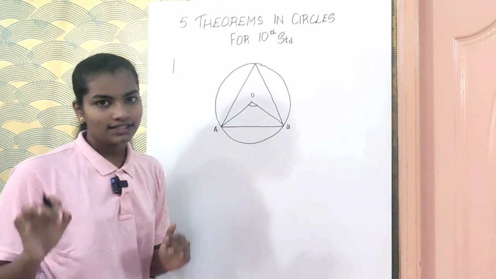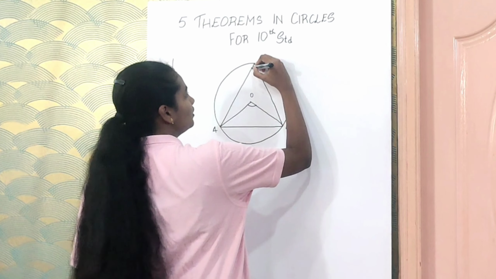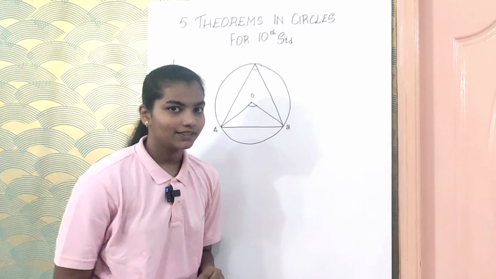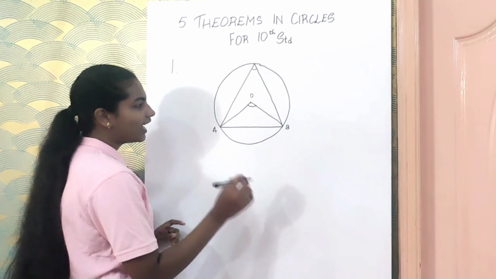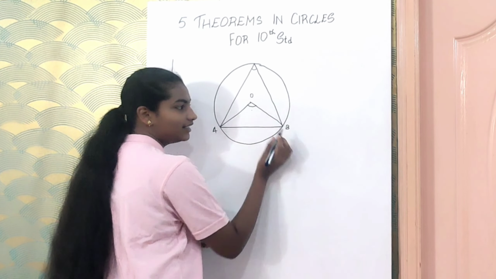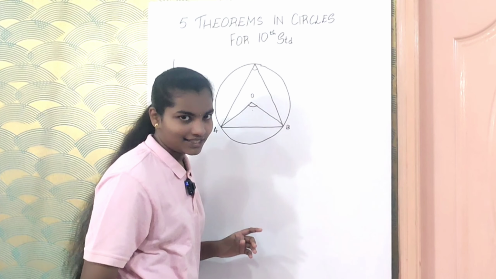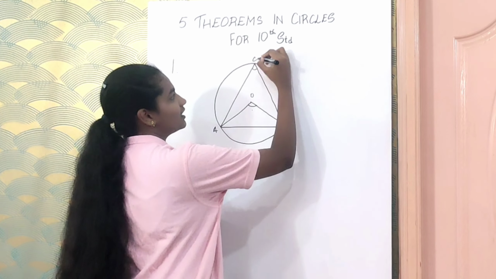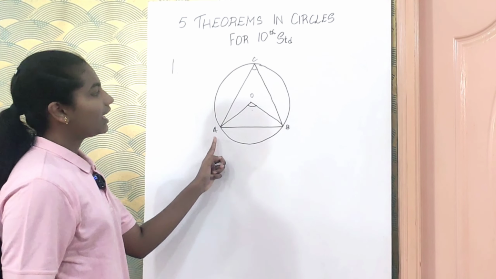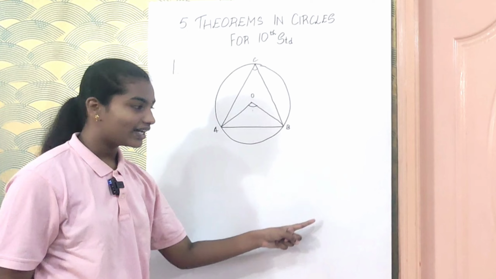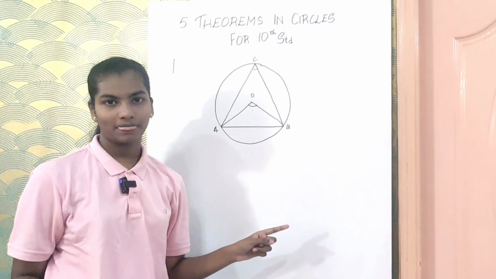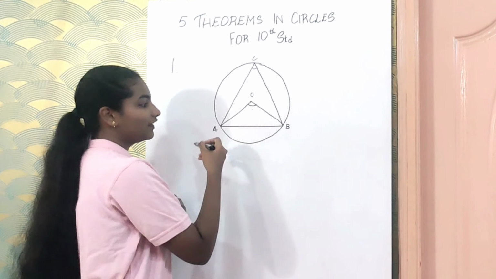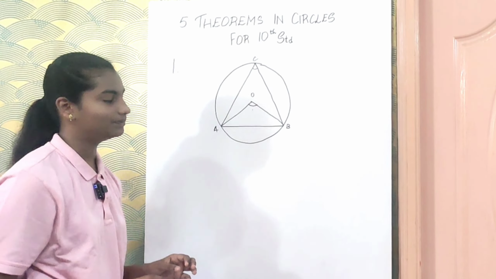It is the angle at the center, and this will be the angle at the circumference. Now, the first theorem states that the angle at the center is twice, that is, double the angle at the circumference. If this is C, now angle AOB is twice the angle ACB. Another way to tell it, ACB is half of AOB. That is the first theorem.